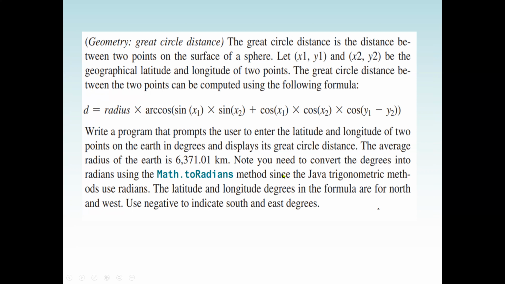We need to convert the degrees into radians because the input is in degrees, but for sine, cosine, and trigonometry functions in general, the argument in Java is always in radians. So we use the Math.toRadians method, since Java trigonometry methods use radians.